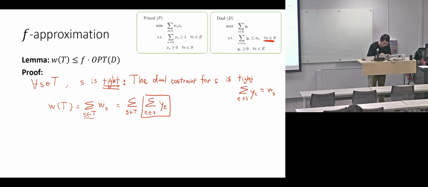Now let's try to write this down in an easier way. I'm just going to switch the order of the sum. I can write the sum over elements e, and then the sum over the sets S in T such that e is in S, of y_e. So what is this?